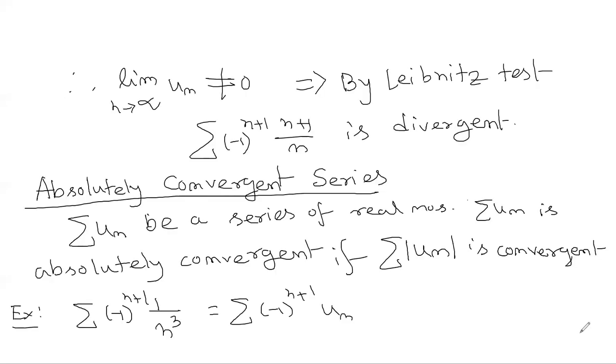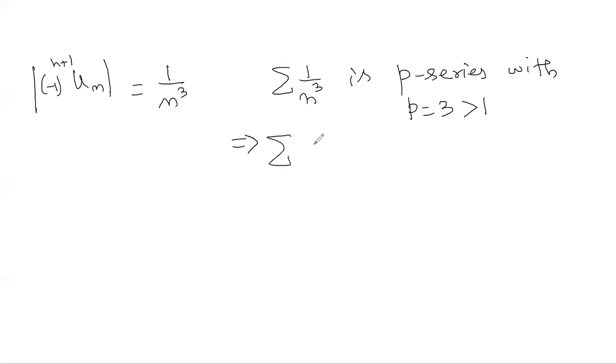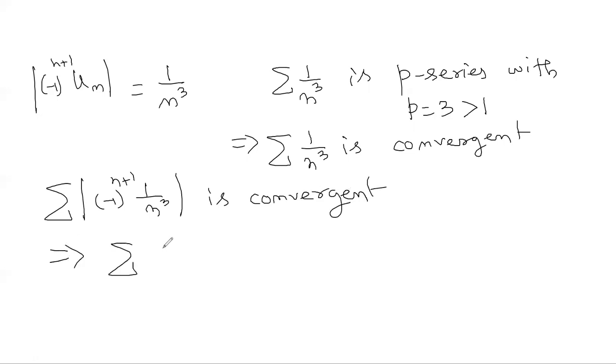This series 1 by n cube is a p series with p equal to 3, which is strictly greater than 1. So 1 by n cube is convergent. What does it mean? The summation of modulus of the given series is convergent, so the given alternating series, minus 1 power n plus 1 by n cube, is absolutely convergent.